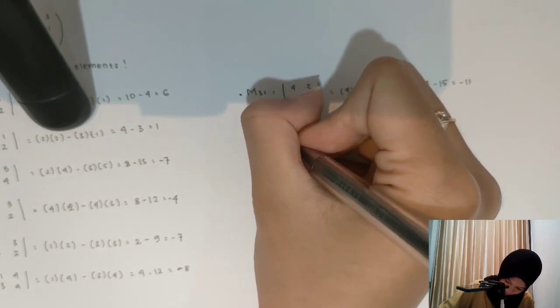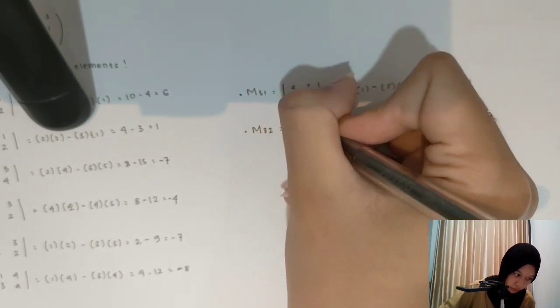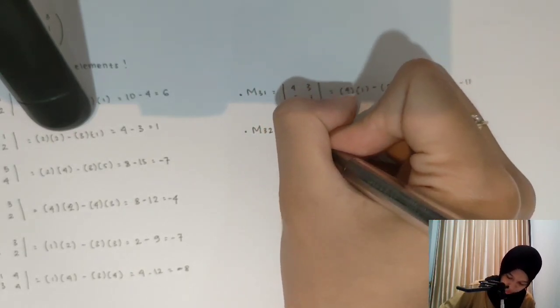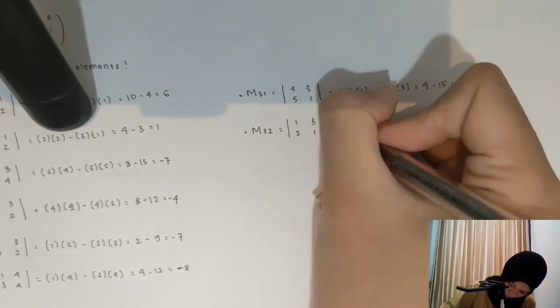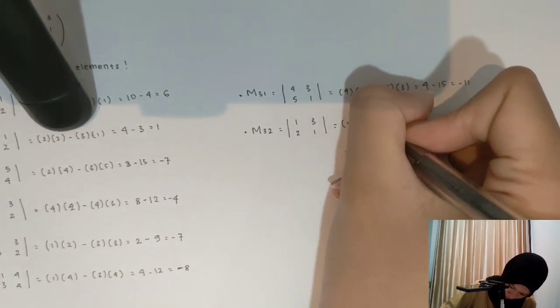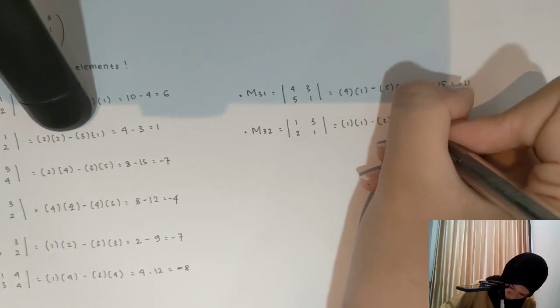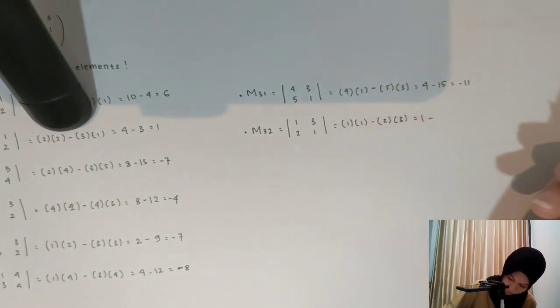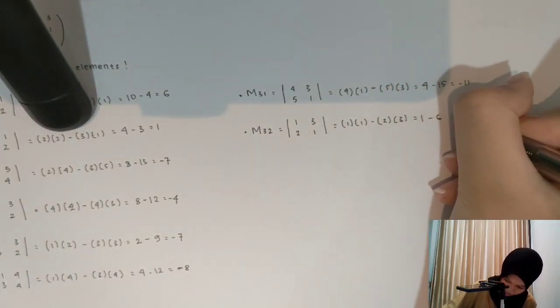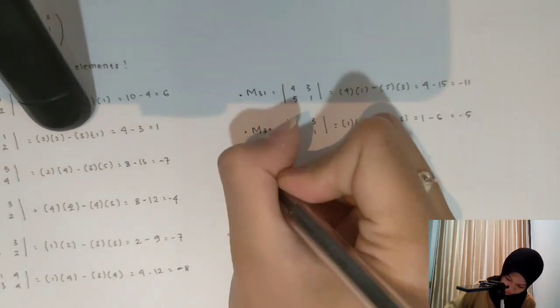Minor row 3, column 2. One minus 6 will be minus 5.